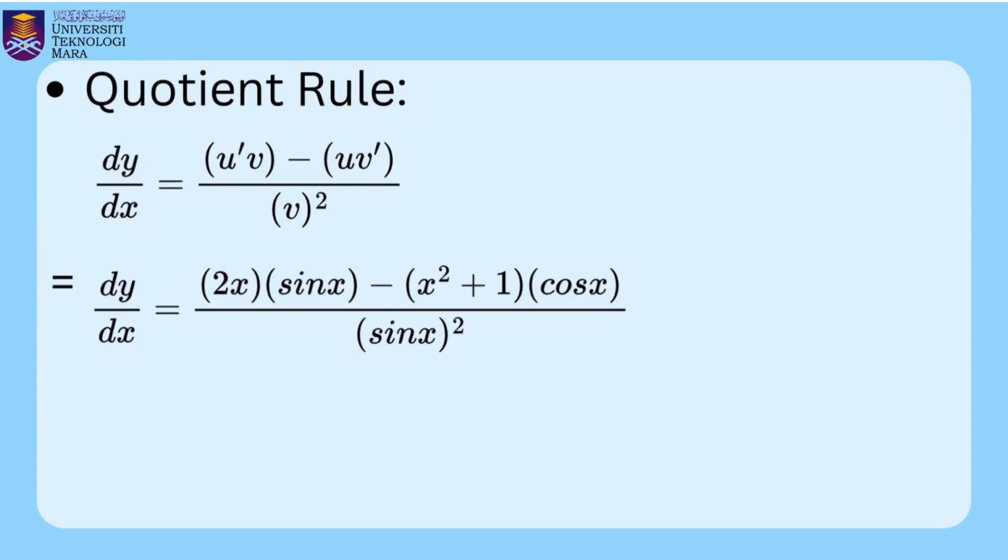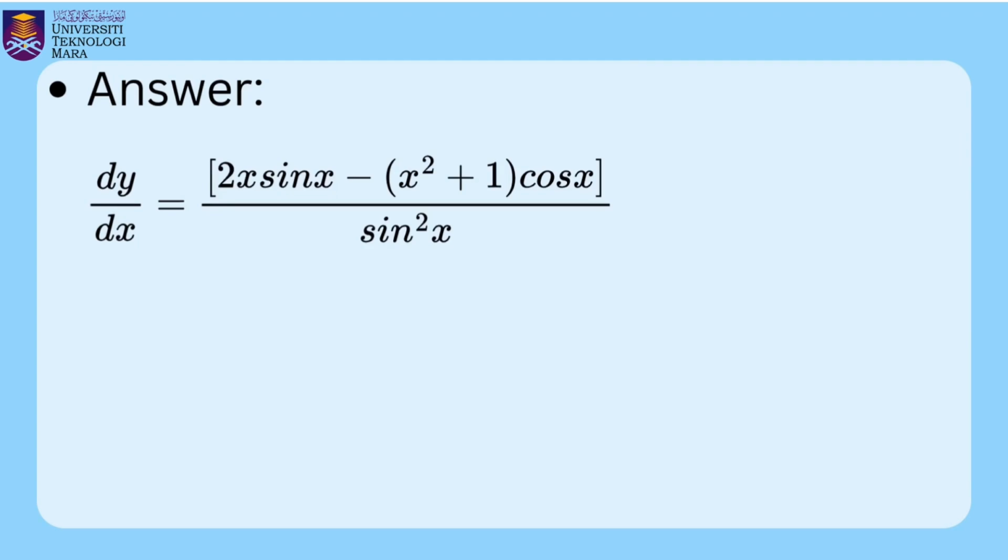And then we need to use the quotient rule. dy over dx equals (u prime v minus u v prime) over v squared. So now we get dy over dx equals (2x sin x minus (x squared plus 1) cos x) over sin squared x.